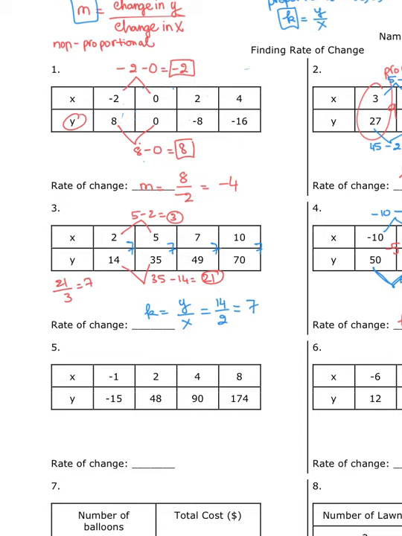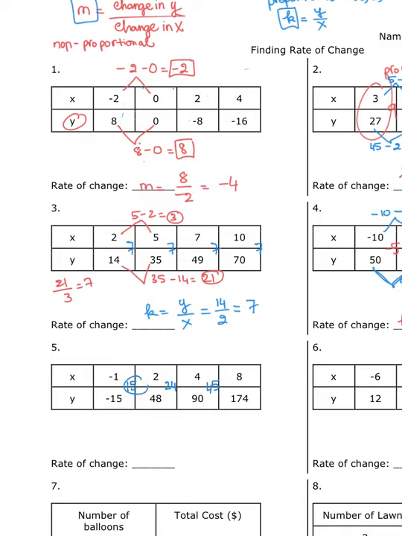All right. Number 5. Negative 15 divided by negative 1, I got 15. Remember, negative divided by negative, you got positive. 48 divided by 2 is 24. 90 divided by 4, you got 45.